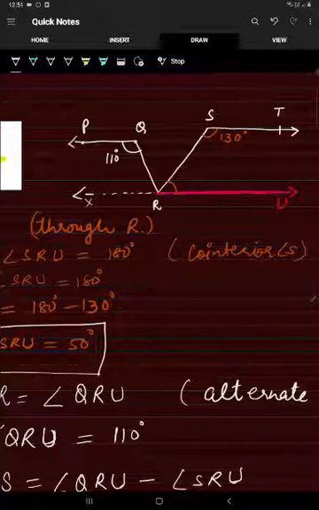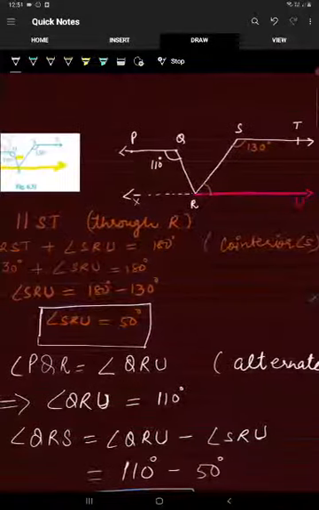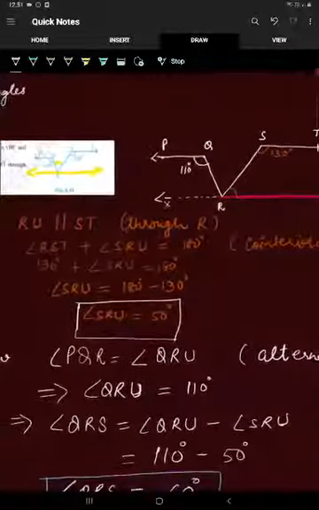We can say this XU is parallel to ST. ST in turn is parallel to PQ. Therefore, we can say that XU is parallel to PQ also, again because lines parallel to the same line are parallel to each other.